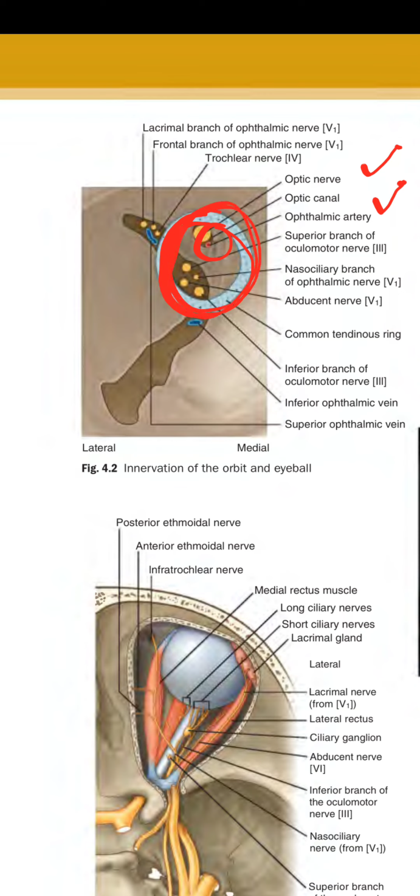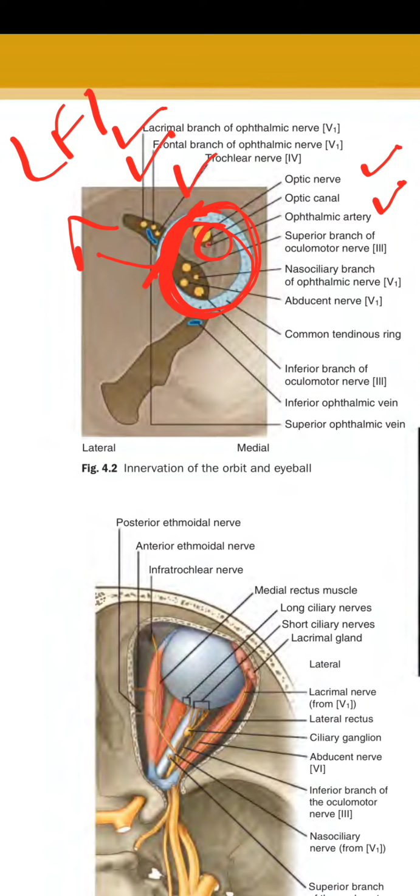common tendinous ring. The common tendinous ring is the origin of the four recti muscles, and it divides the superior orbital fissure into a superior part and an inferior part. The superior part is outside the tendinous ring, and through it pass the LFT and the superior ophthalmic vein branch, that is the lacrimal branch of the ophthalmic nerve, the frontal branch of the ophthalmic nerve, and the trochlear nerve.